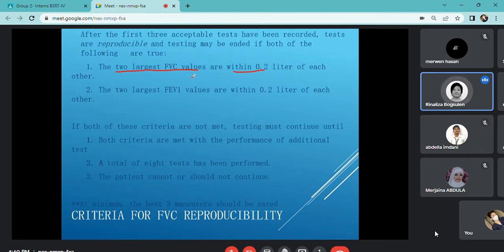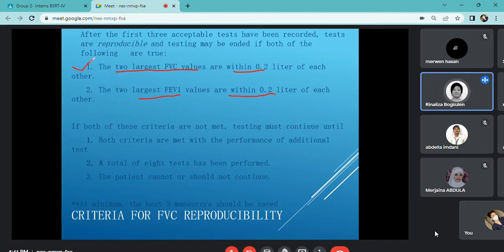The difference is within, ha, not more than, 0.2 liters or within 200 ml, that is good. Two largest FEV1 values, again, largest FEV1, second largest FEV1, you get the difference. It has to be within 200 ml again.